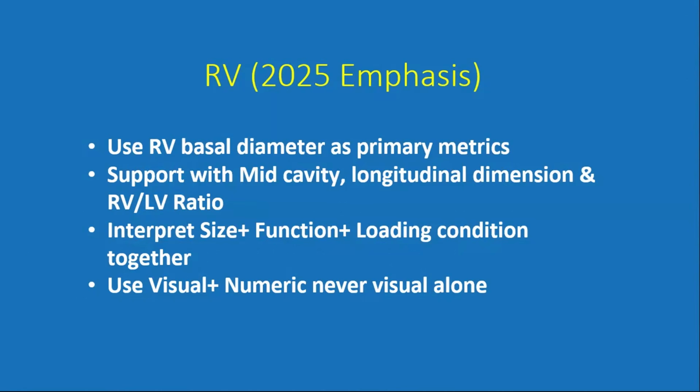But if it is abnormal, then you will have further parameters to support your diagnosis of dilated RV, which are mid-cavity measurement, longitudinal measurements, RV-LV ratio, and then interpret the size with the function and the loading condition, meaning is there any volume overload or pressure overload. Use visual plus numeric together and never visual alone.